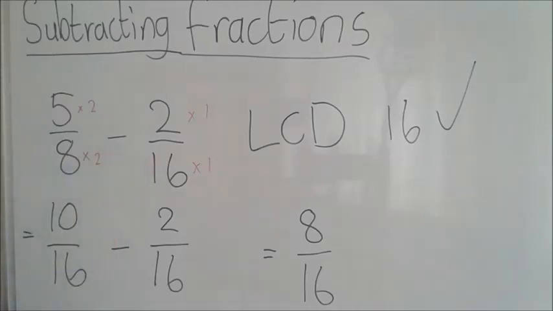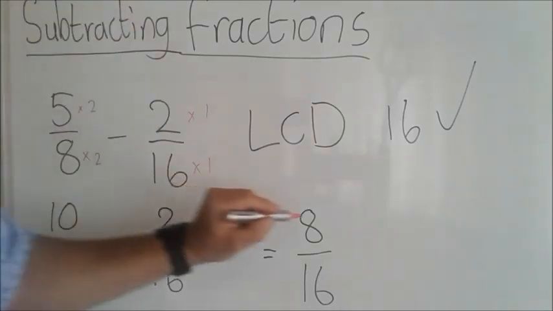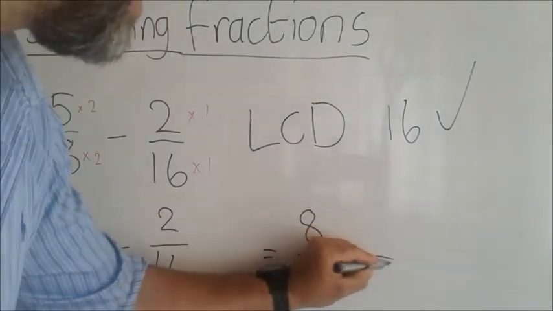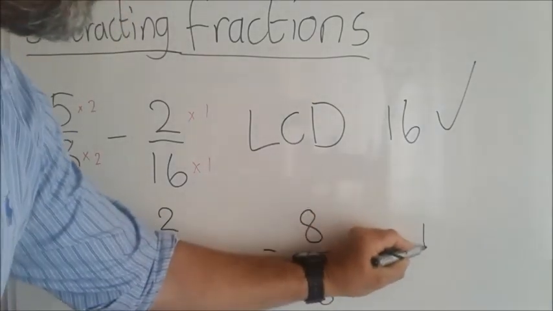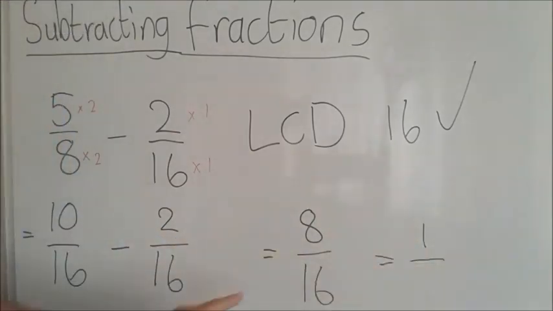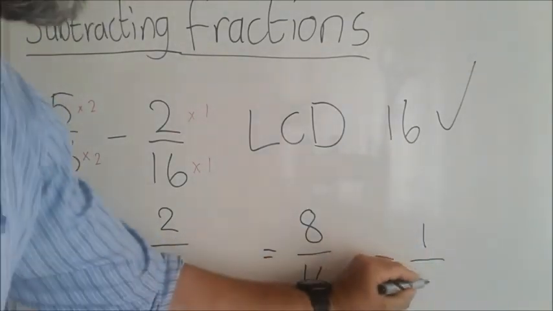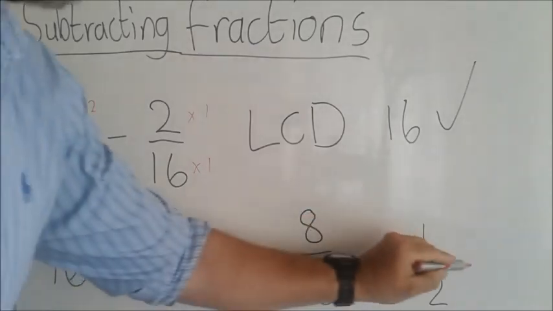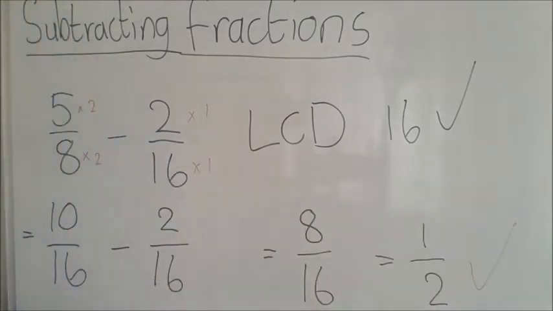What about 8? Yes, 8 fits in. So 8 divided by 8 gives me 1. 8 fits into 16 2 times. So my simplified answer is 1 over 2 or 1/2.